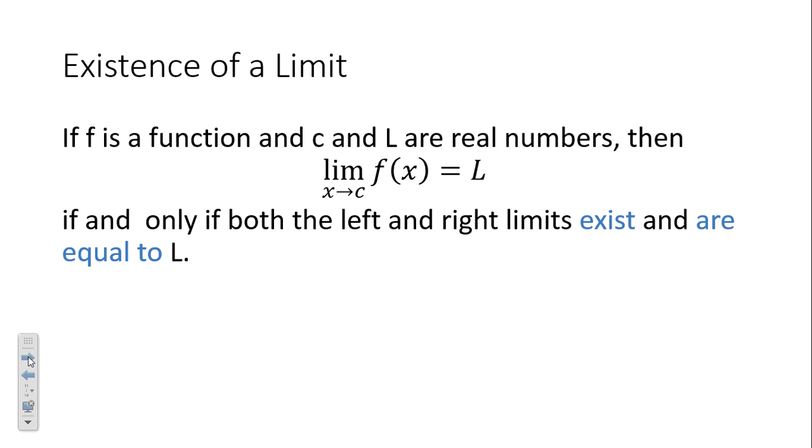Make sense? So if f is a function and c and L are real numbers, then the limit as x goes to c of f of x will be L, provided the left limit and the right limit are the same. Have to be converging on the same number. Okay, we've been talking about that all week.